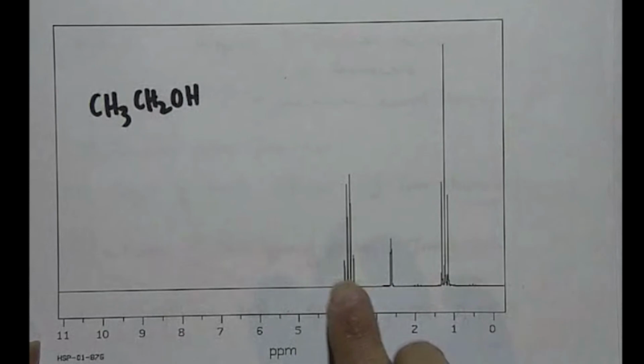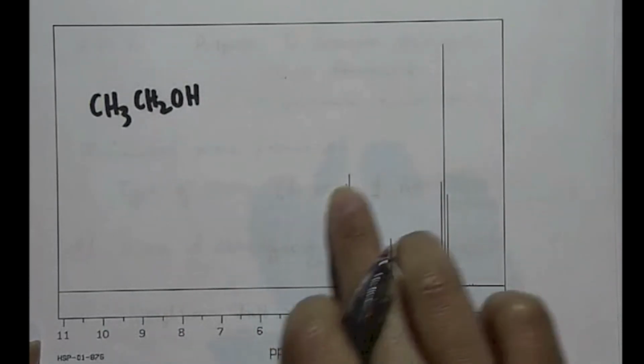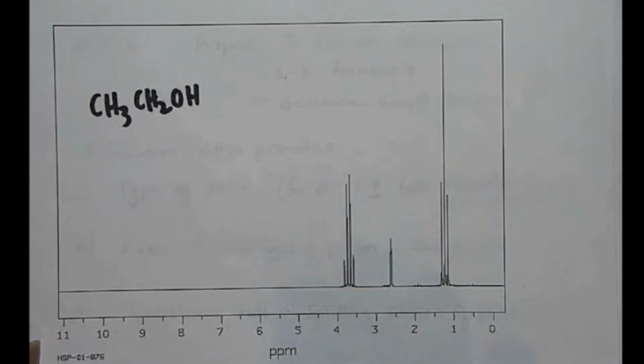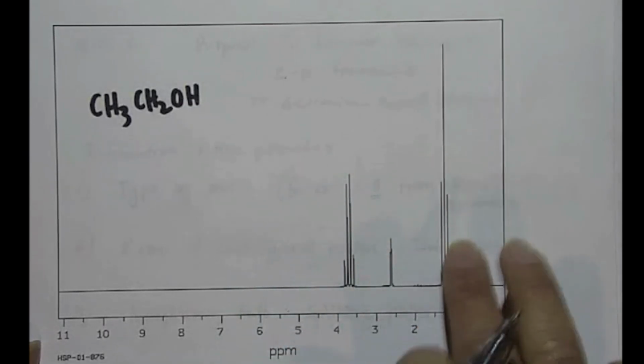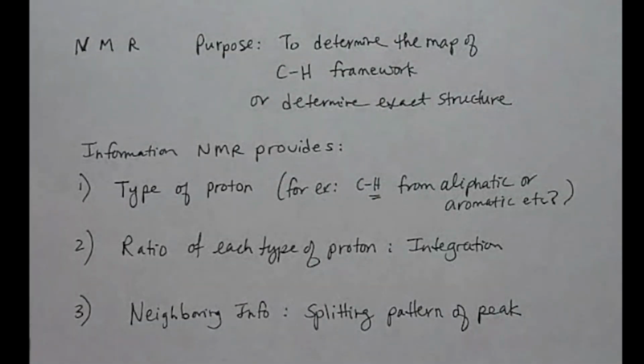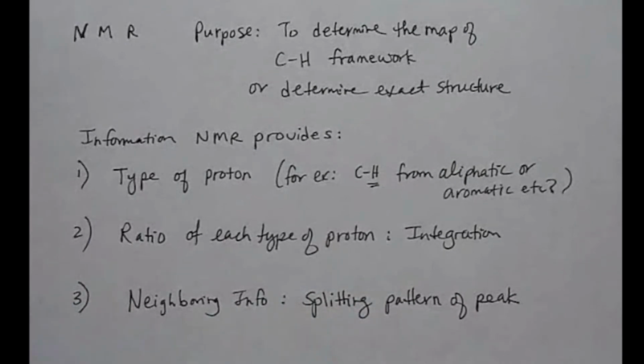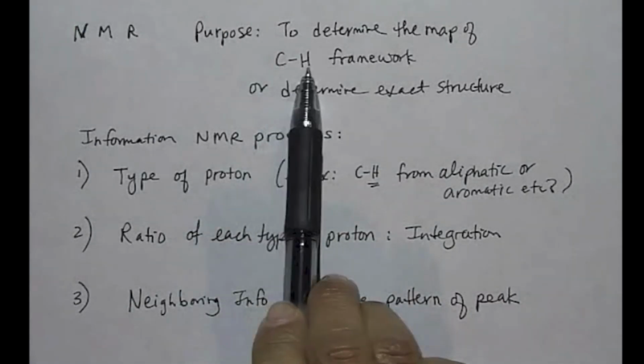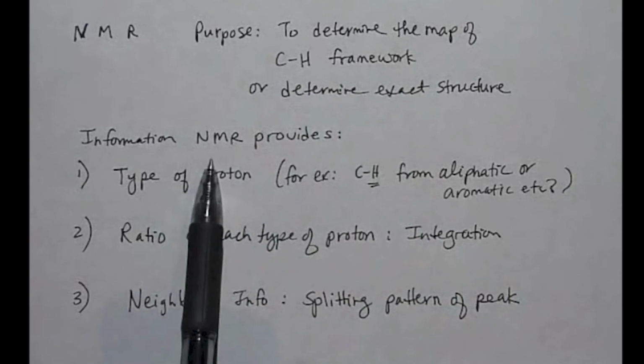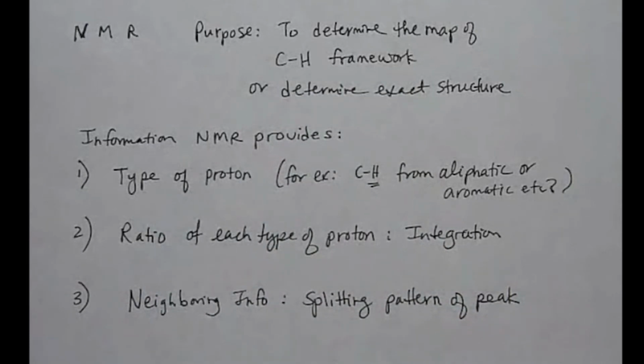But in ethanol, notice that this peak we call a quartet, because it's really 4 peaks making up one type of proton. And here's a singlet and here's a triplet. So that information, the singlet, the doublet, the triplet, and the quartet, tells you something not about the proton that you're looking at, but about the neighboring protons. That's how we can figure out the carbon-hydrogen framework by knowing these 3 pieces of information.